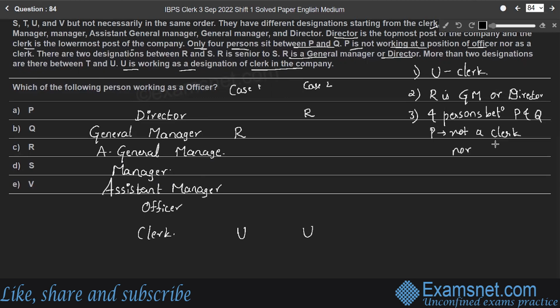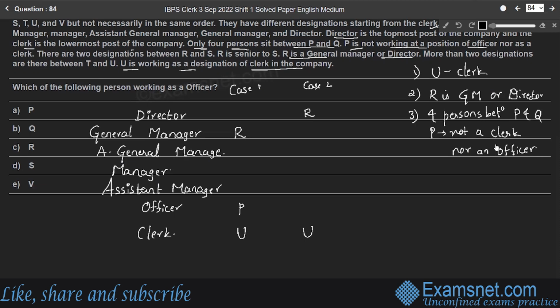So there are 4 persons between P and Q, and P cannot be a clerk because U is already clerk, and P cannot be an officer according to the given information.